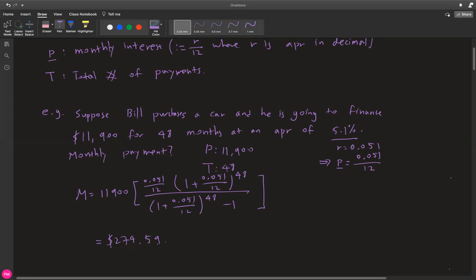So that's the end of the problem. It's actually quite simple. It's all about understanding and interpreting the problem correctly and knowing what to plug in where. That's all it really is.